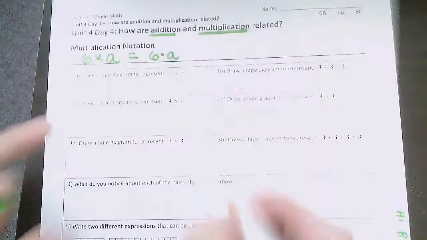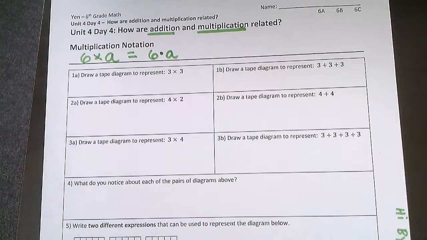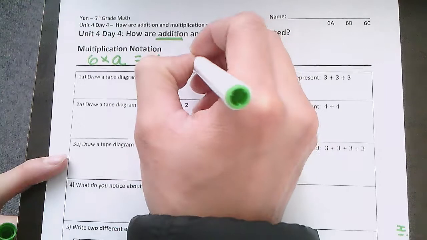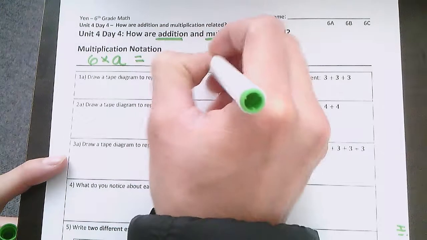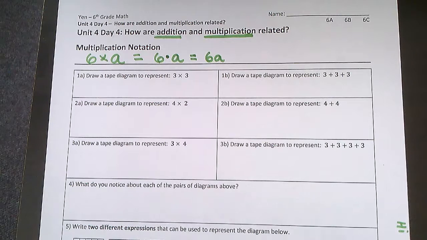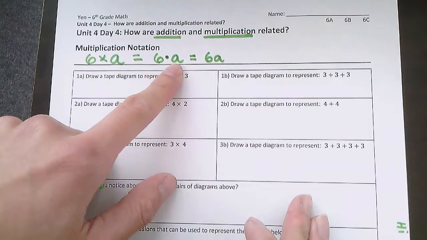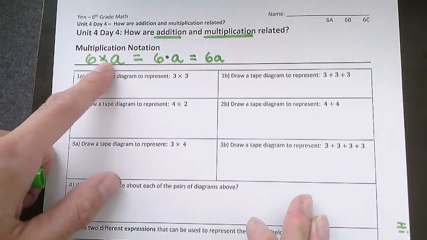So this is the same thing as that. And a third way you can write multiplication with a variable is just 6a. 6a is the same thing as 6 times a, which is the same thing as this.